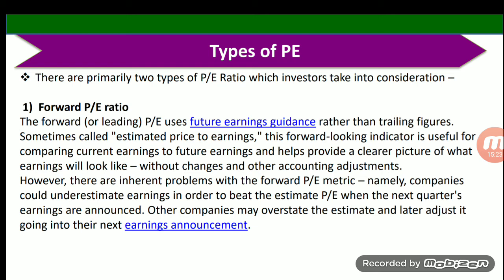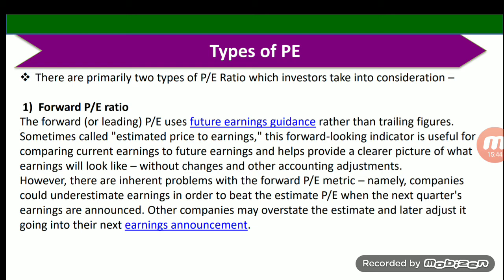It is sometimes called the price to estimated earnings. This forward-looking indicator is useful for comparing current earnings to future earnings and helps provide a clearer picture of what earnings will look like.